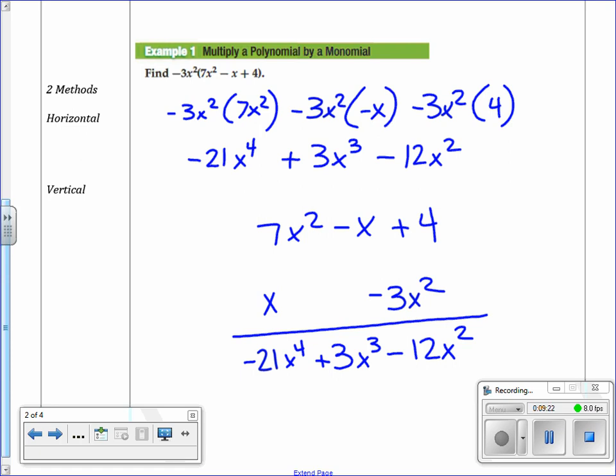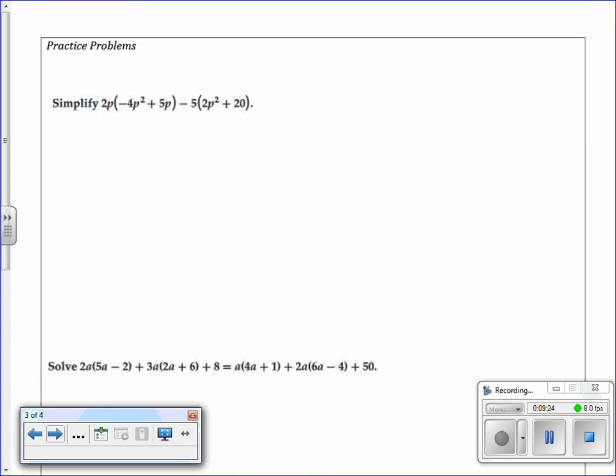All right, here's a couple practice problems. First thing I want to do is simplify this expression. Basically, I'm distributing 2p to everything there, and I'm going to distribute negative 5 to everything there. So 2 times negative 4, I get negative 8p to the third.